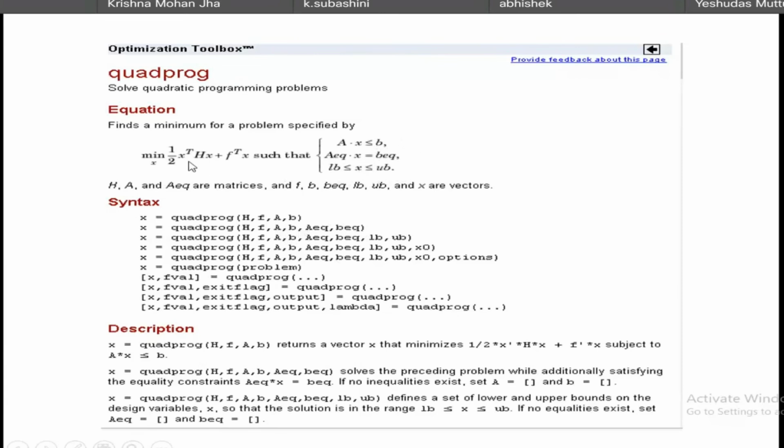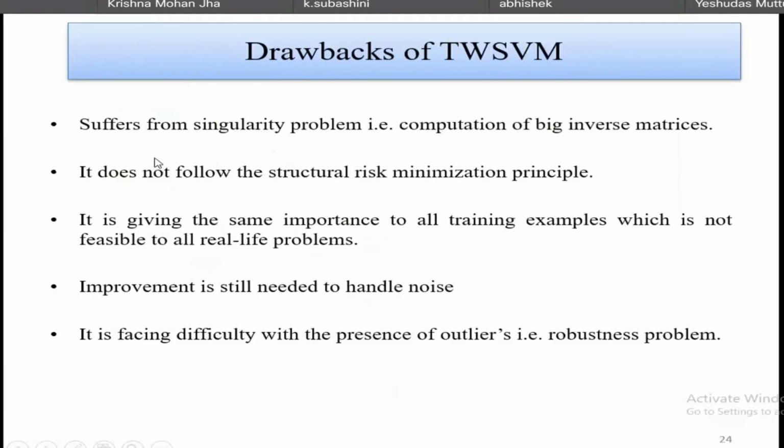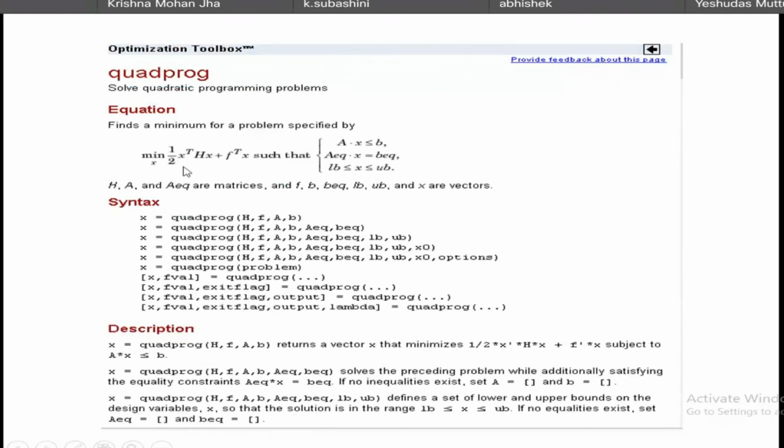So if we have this kind of form, we can find the solution by this particular function. We just call this function and you will get the value of x, because x is your unknown. In our case, we have two problems of this particular type, and we have to find alpha 1 and alpha 2.